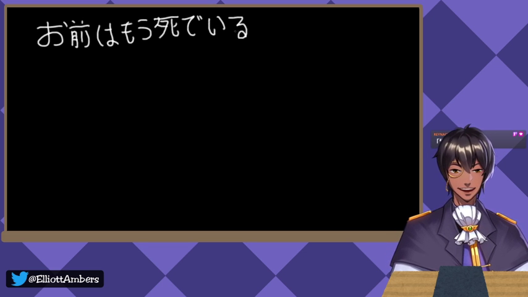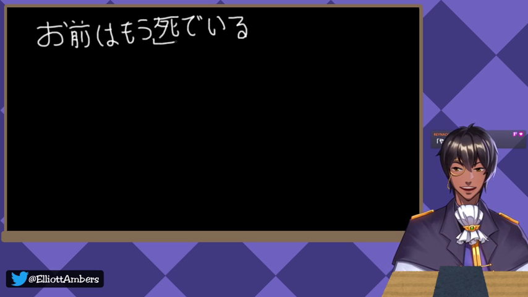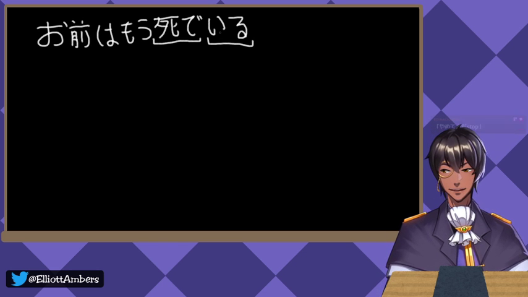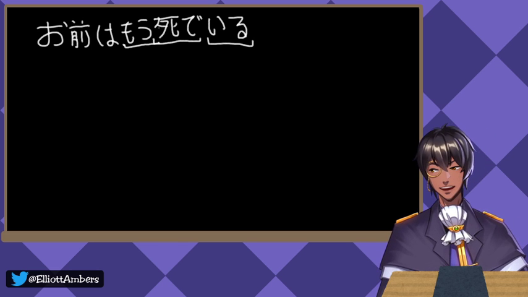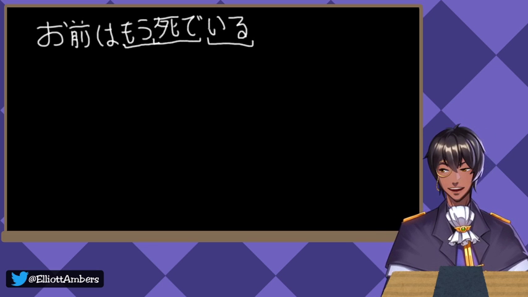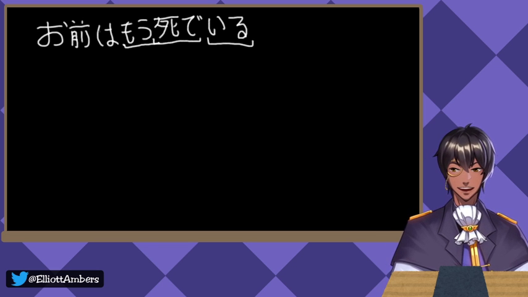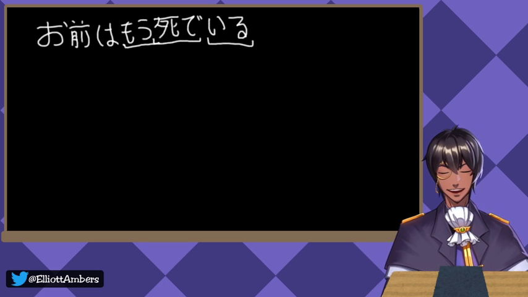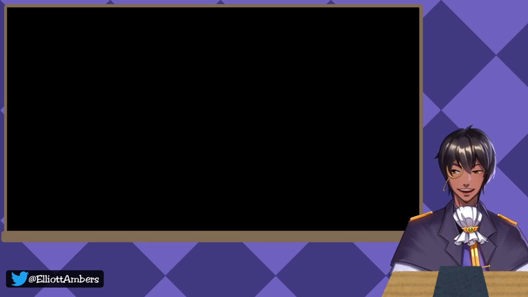So you can see here, the two verbs that are being connected are shinde and iru. That mo shinde means already dead, and iru represents that sort of being, to be. So omae wa mo shinde iru. Yamete could just stop. And that is te form.